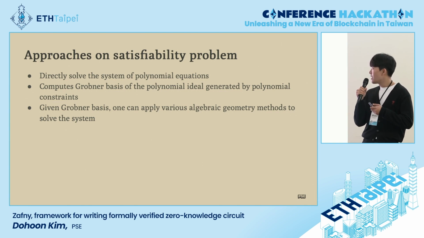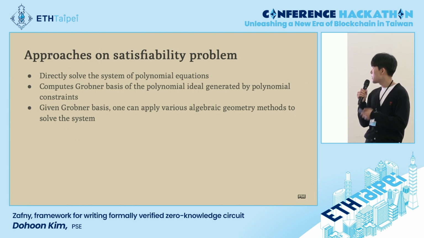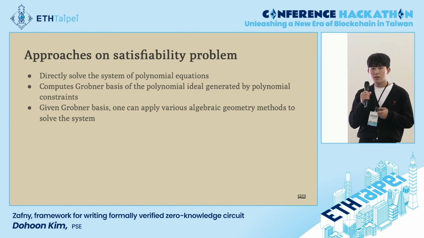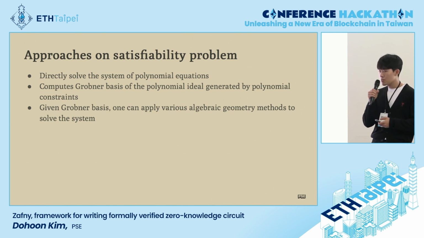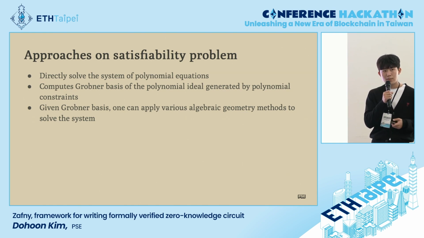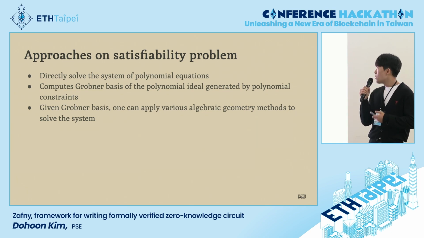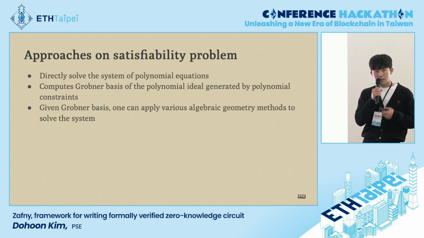I'm not going to talk deeply about what a Gröbner basis and a polynomial ideal are, but just think of a polynomial ideal as an algebraic structure, and the Gröbner basis as a generating set of this ideal that has a very special property. If we are given a Gröbner basis, one can apply various algebraic methods to solve the system.